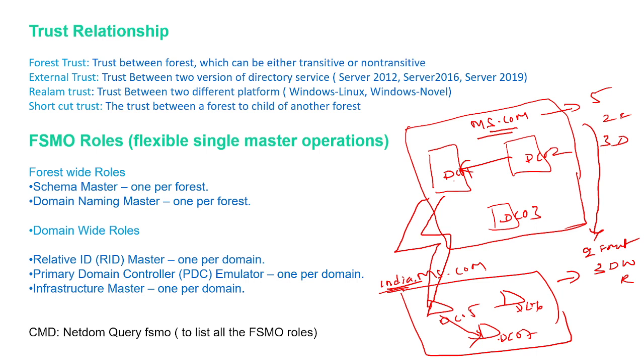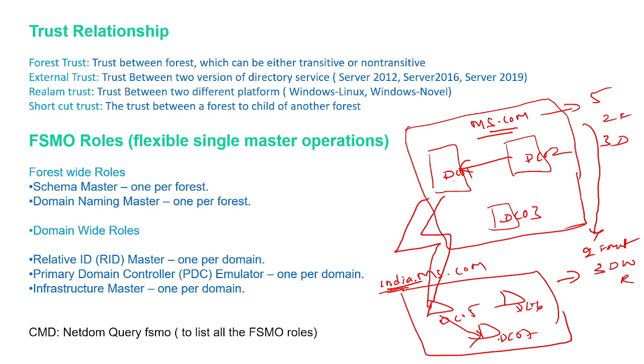And the RID master is responsible for maintaining the RID pool. When you create a domain controller, the RID pool starts with 50,000, meaning it will give a pool of 50,000 RIDs. Once it starts consuming 45,000 RIDs, the RID master will talk internally and increase that to 50,000 again.